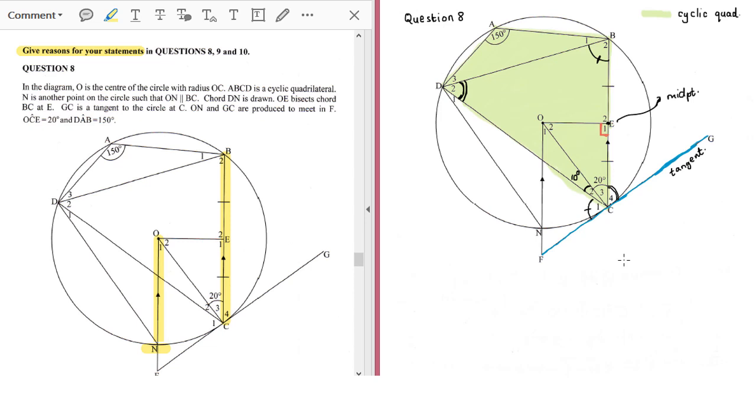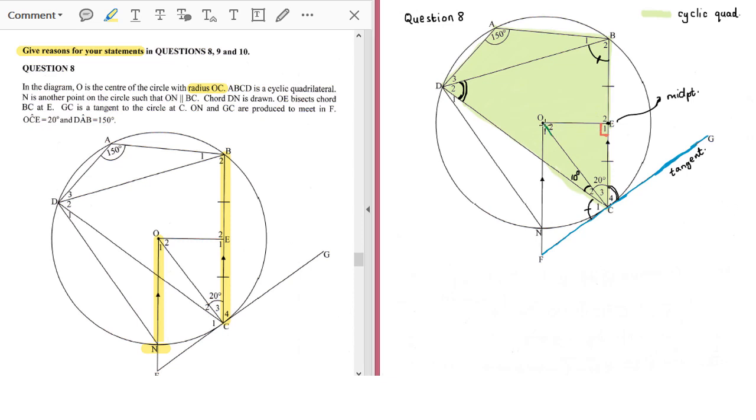Right, and then let's also not forget that one of the most primary theorems that we know is that a radius always connects with the tangent at 90 degrees. Okay, so they pointed out to us that the radius of the circle is the line OC. They pointed that out to us. It's important. Then it means that we actually need to pay attention to that. Okay, so here's the radius OC.